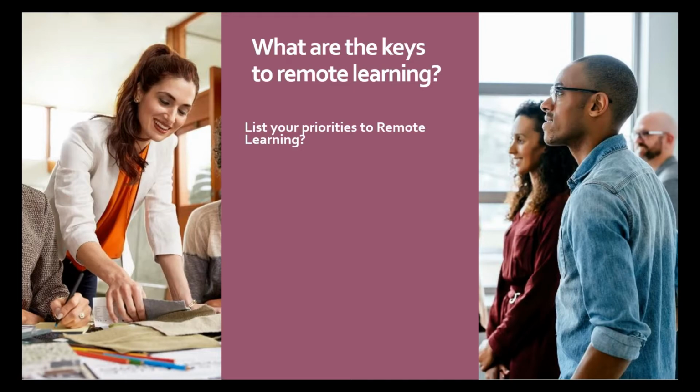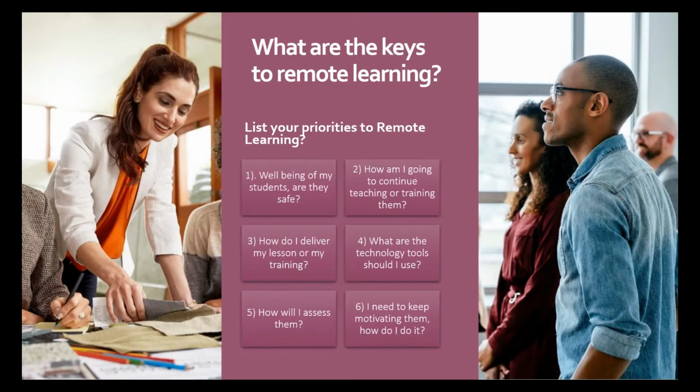Now, let's move on by understanding the keys to remote learning. First, ask yourself, what are your priorities for remote learning? List them down. And now let's look at some real examples. One, ask yourself about the well-being of your students. Are they safe?